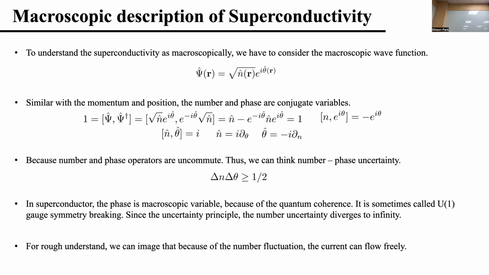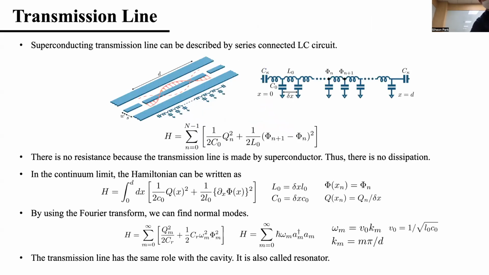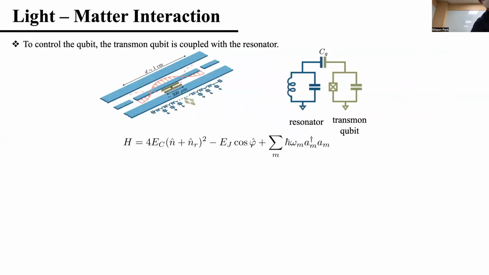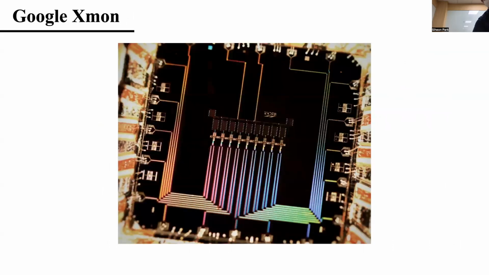In the last slide, almost the last slide, you showed Google's transmon data. Compared to IBM's quantum machine, IBM has a resonator, but in that picture it doesn't have any particular shape.